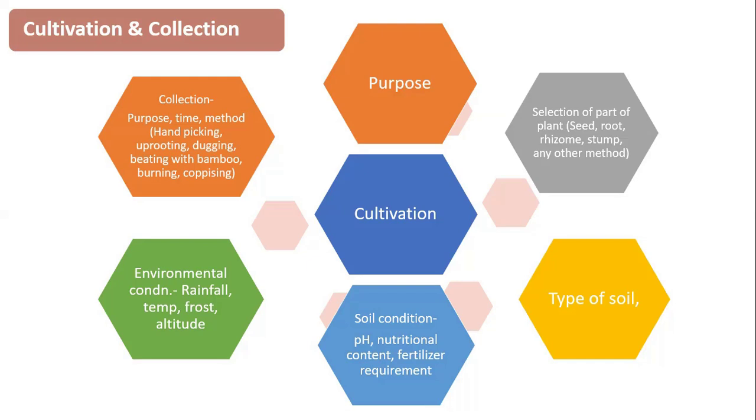So you are going to be involved in the cultivation of that particular part of the plant. When you are involved in the cultivation process, there is a need to know which type of plant part should be utilized for cultivation purpose, whether it requires seed, root, stem, rhizome, or any other part. So that information is required.